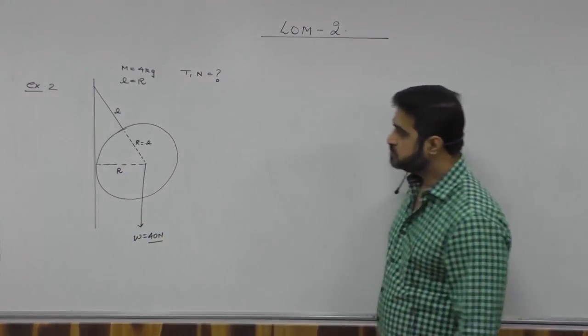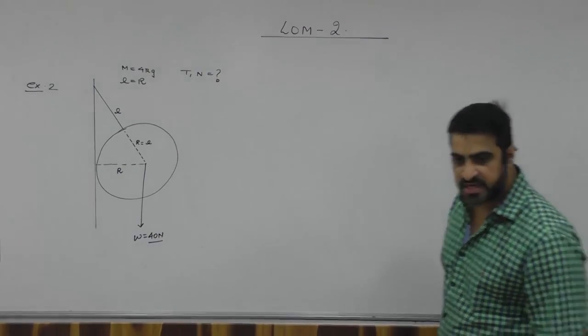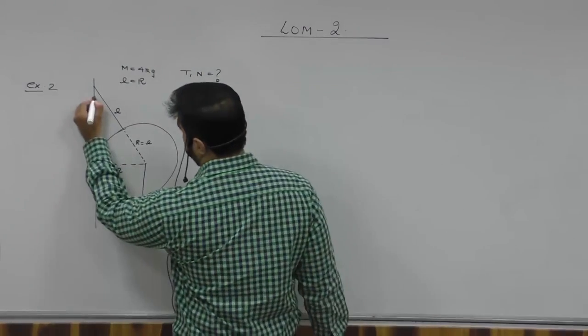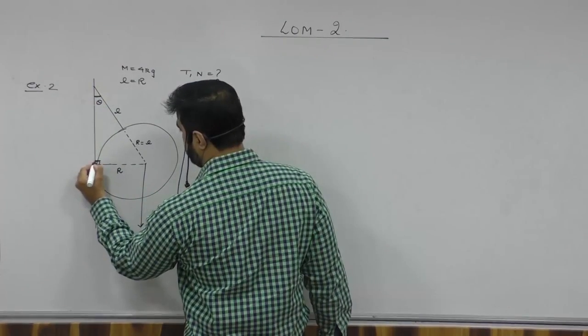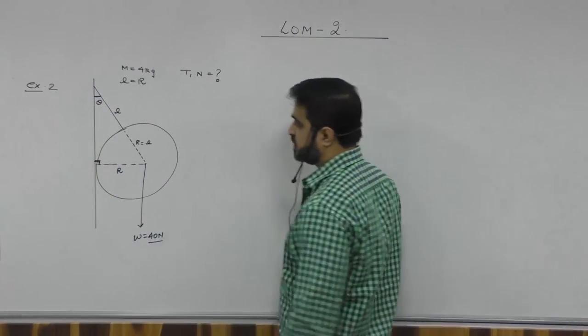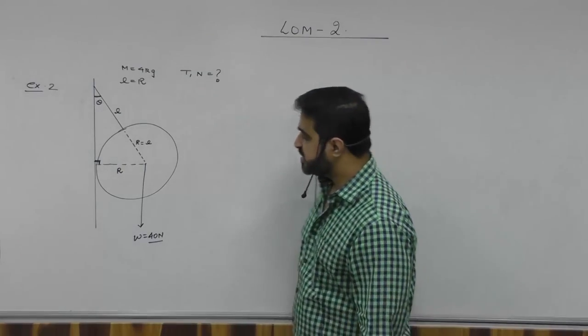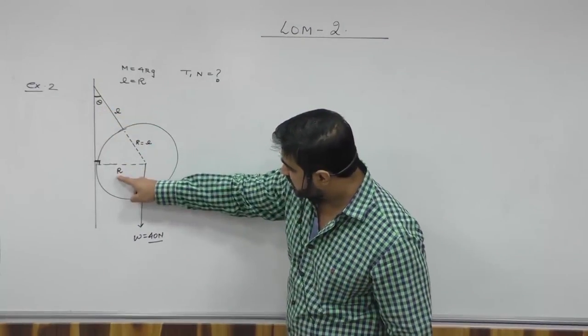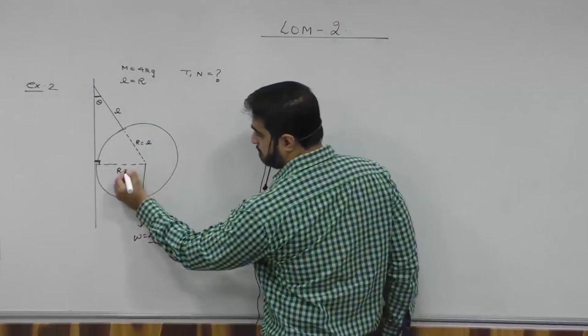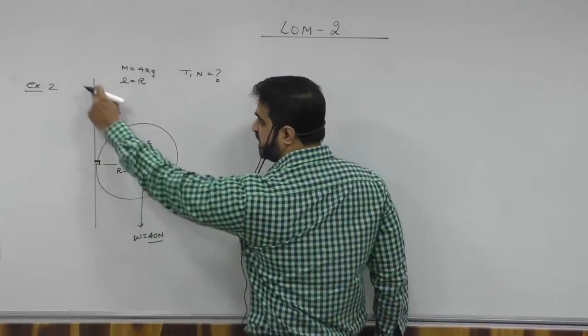Right, now? Can anyone tell me if I take this angle as theta? It's 90. So how much will be theta? Can I say sine theta will become R, but R is L, by 2L.